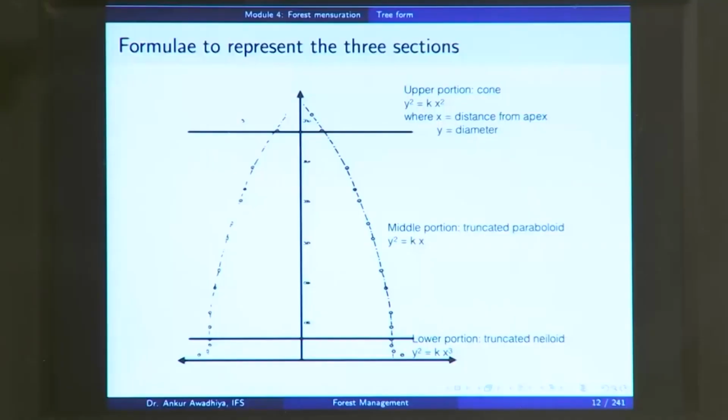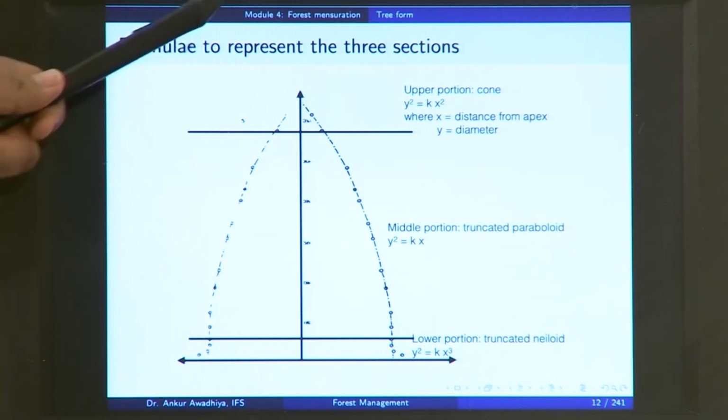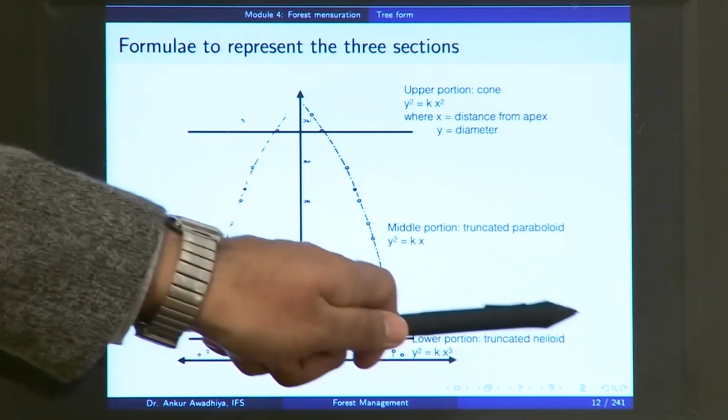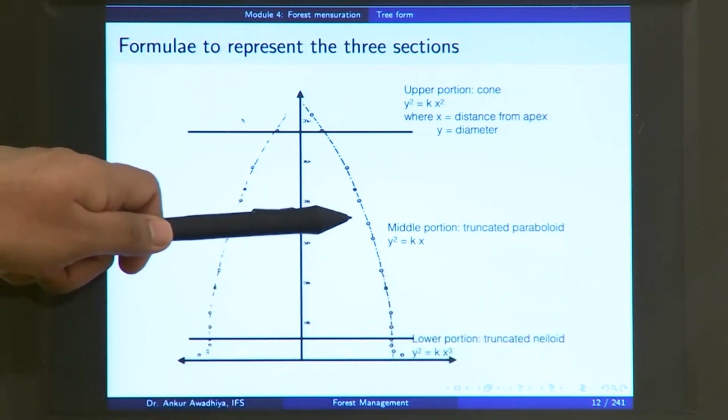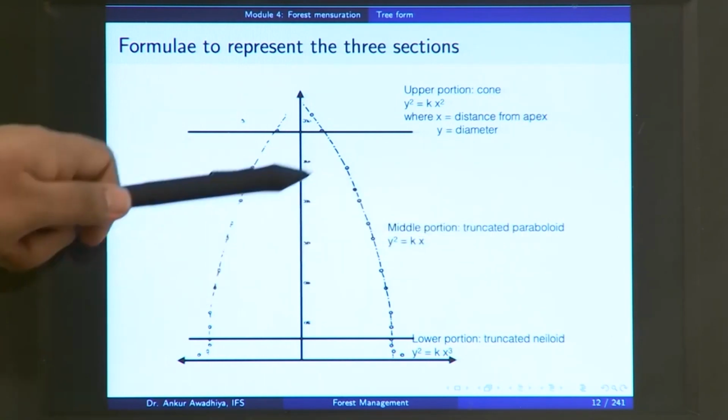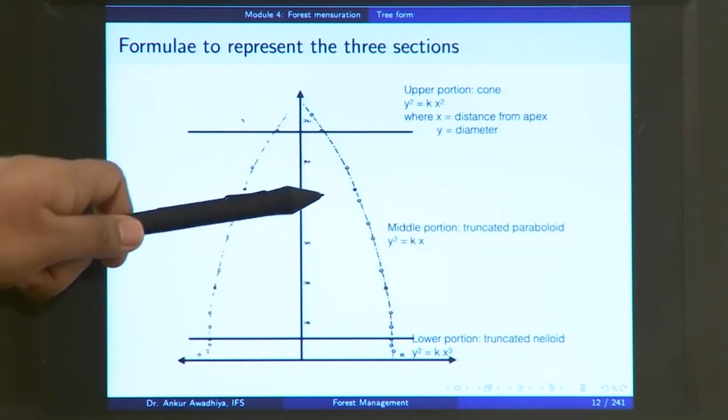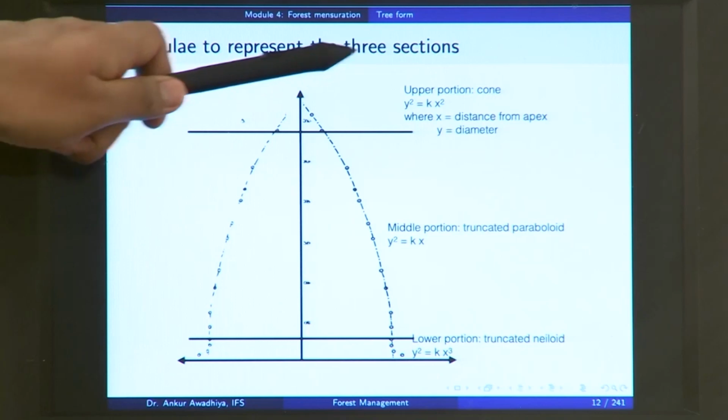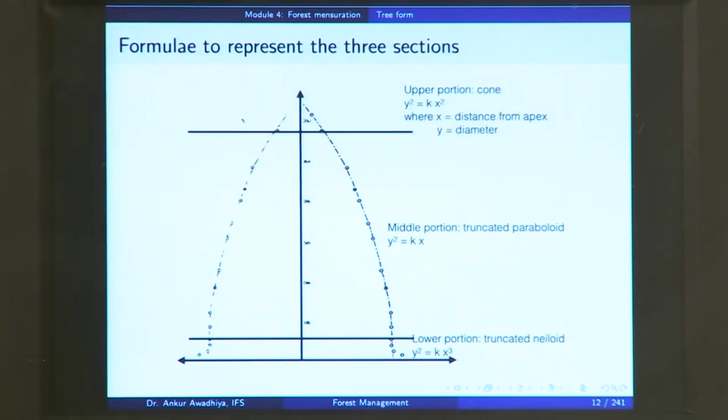So, it can explain why we see a taper in the case of a tree, but there are also a few drawbacks, because as we saw before, the shape of the tree is not completely given by the shape of a cubic paraboloid. In fact, the lower portion is a truncated neiloid, the middle portion is a truncated paraboloid, even this is not a truncated cubic paraboloid, and the top portion is given by a cone.